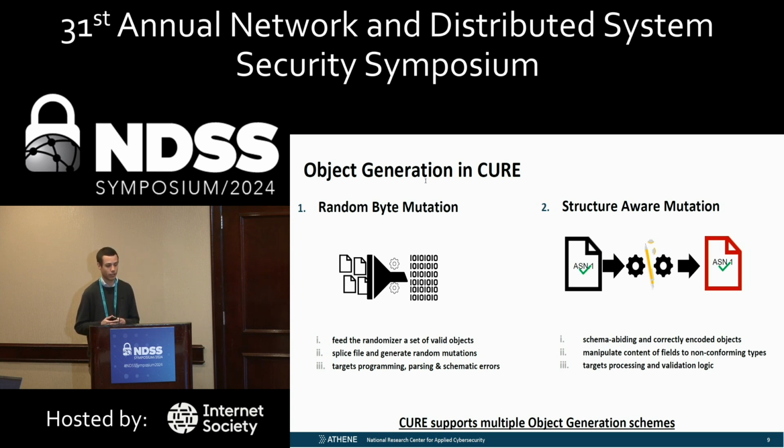And the second object generation we implemented is structure-aware generation. And in this generation mode, it will generate valid structured RPKI objects which have some manipulated fields, but generally the RPs should be able to parse these objects, and therefore we should be able to reach deeper parts of the code.